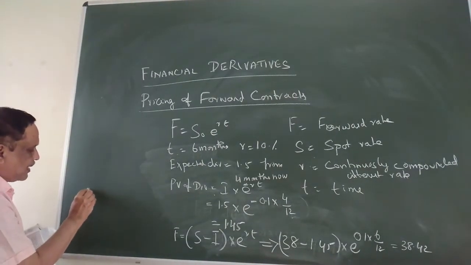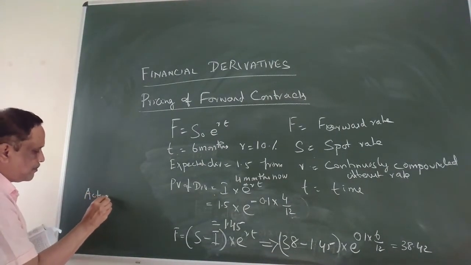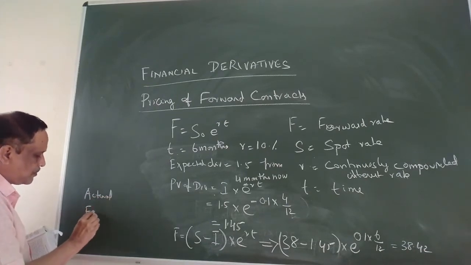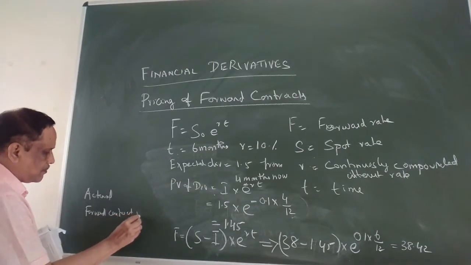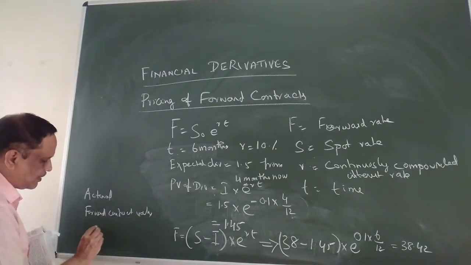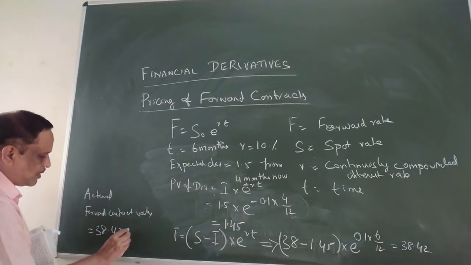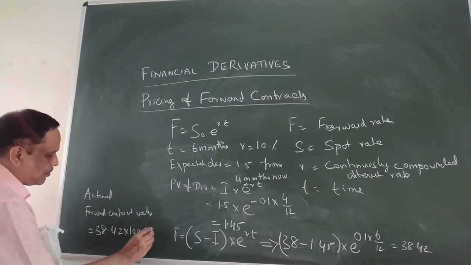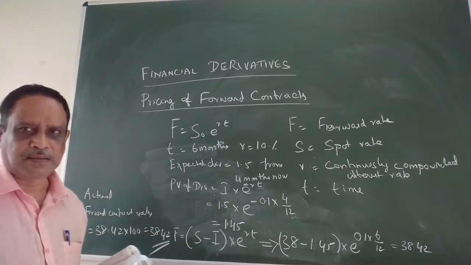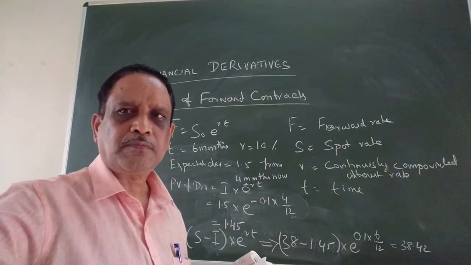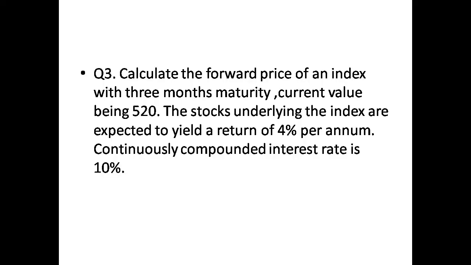So the actual forward contract value will be 38.42 multiplied by 100, that is 3842. That will be your answer.